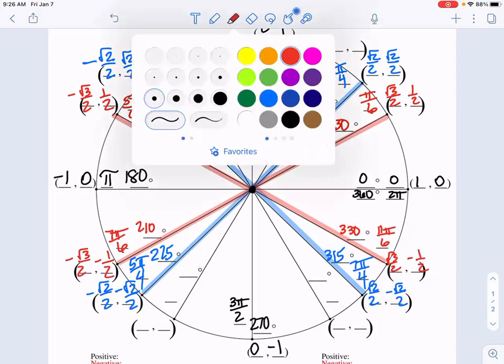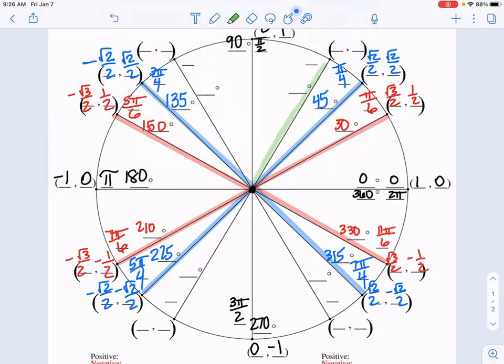Let's highlight some green. I am just digging the symmetry that we're creating here. I'm hoping that you are also noticing the symmetry we've got going on here.